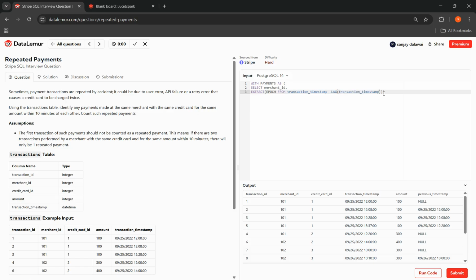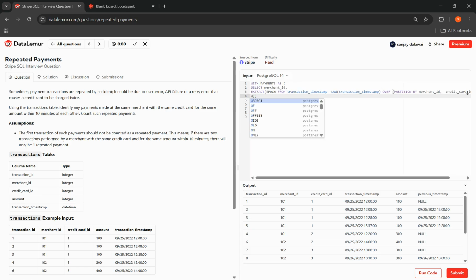of transaction timestamp over partition by all the three, and I will be ordering it by transaction timestamp.